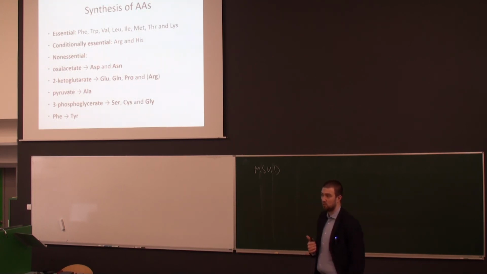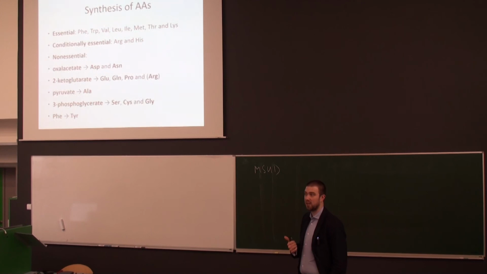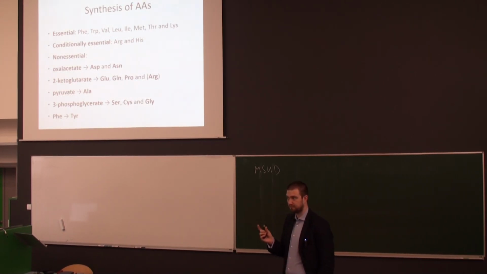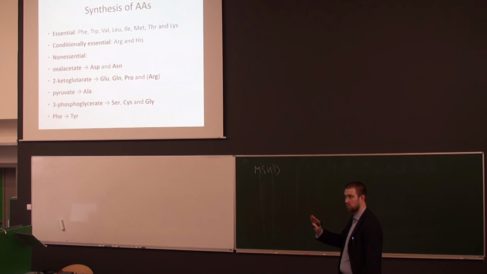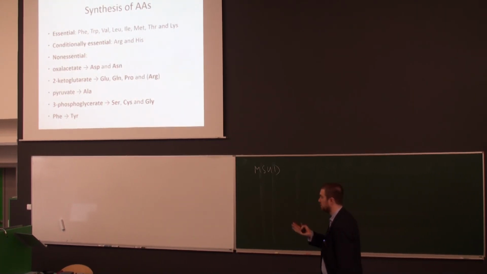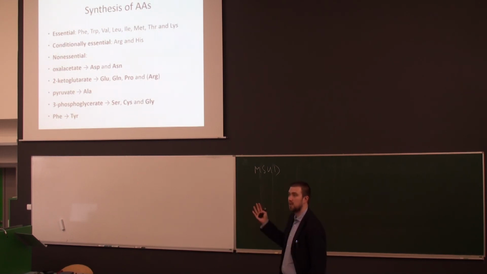We do not expect you to know it, since you know that it's essential, therefore we cannot produce it. This is only a question of whether you understand what it means if a compound is essential. Essential compounds we cannot produce, therefore they have no precursor in our body. So if you meet this kind of statement, it's incorrect.